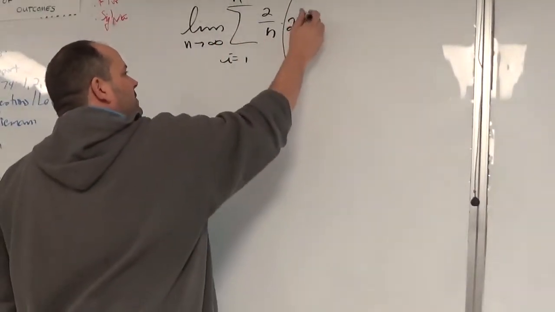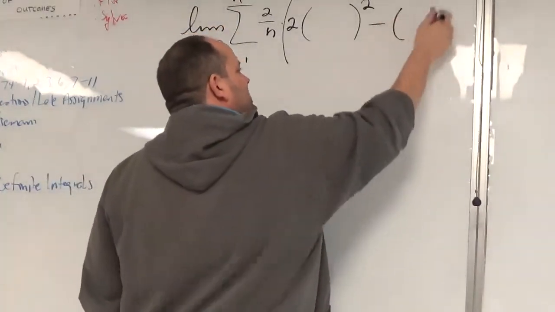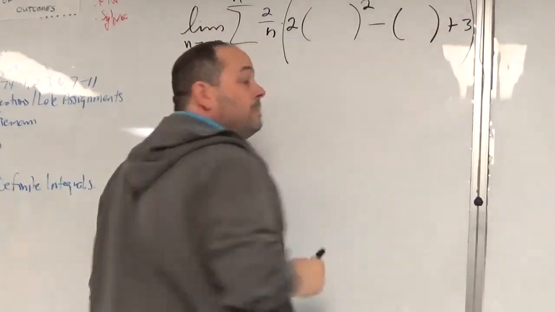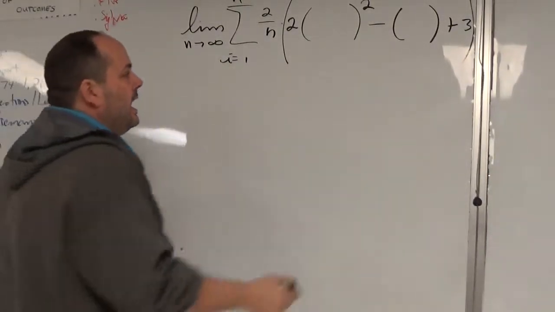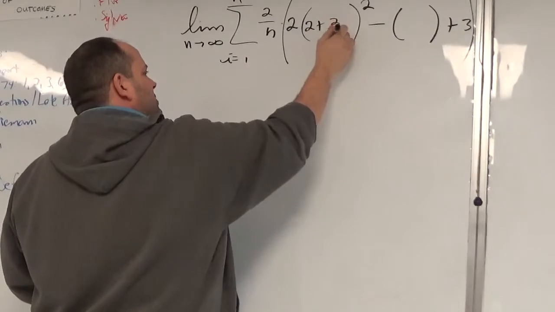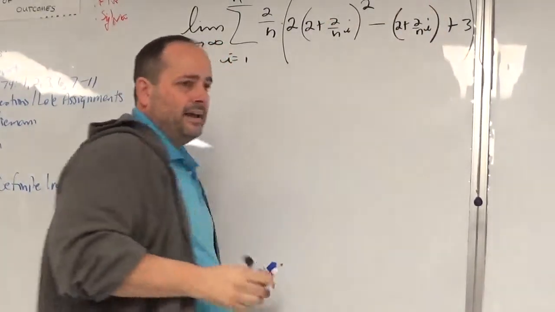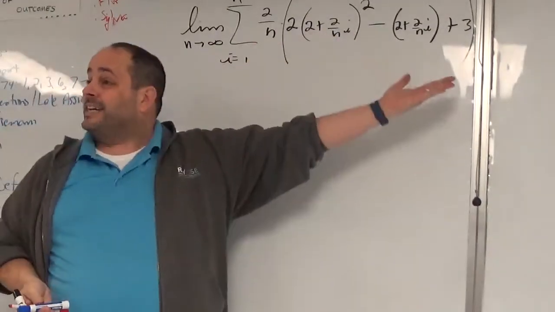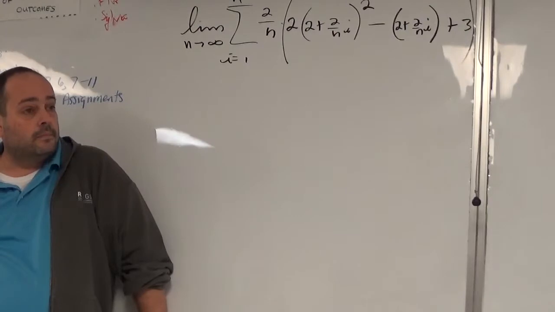Well, what's f of x? f of x is 2 times stuff squared minus stuff plus 3. That's the form. And what we're going to have to do is say it's 2 plus 2 over n times i. They might express it this way instead. That would be a little trickier.